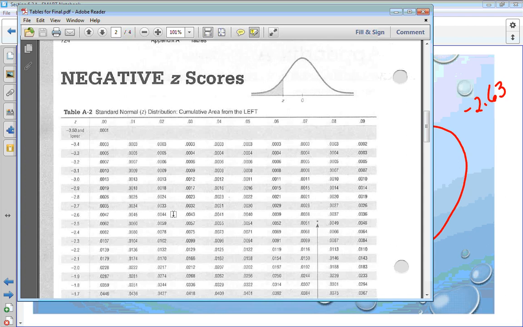So now I have negative 2.63, and when looking at this chart, I can see my z, my area under the curve, is 0.0043. Now keep in mind that means the area under the curve from all the way out at the very far end of this tail to where z is negative 2.63. The area is 0.0043.